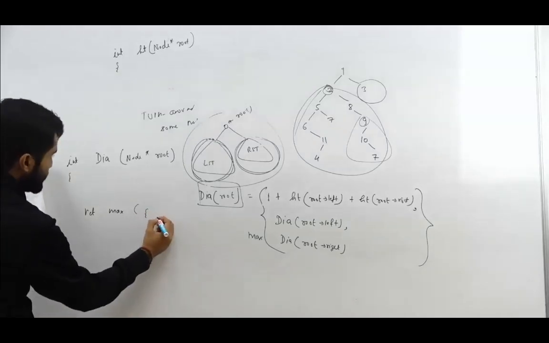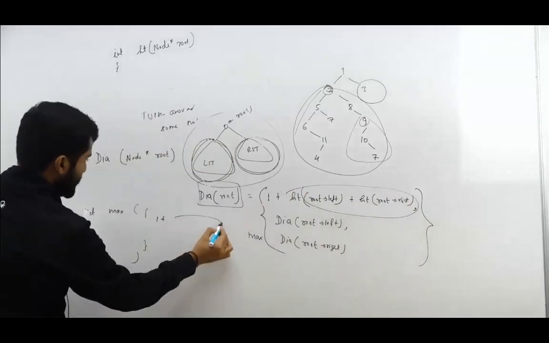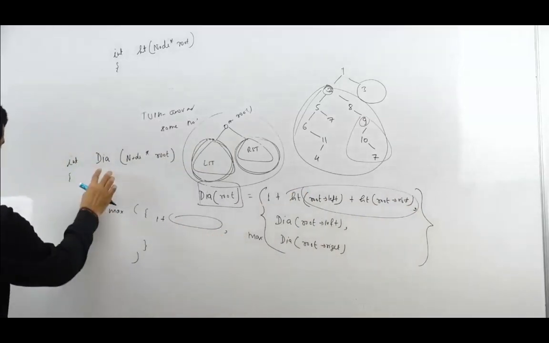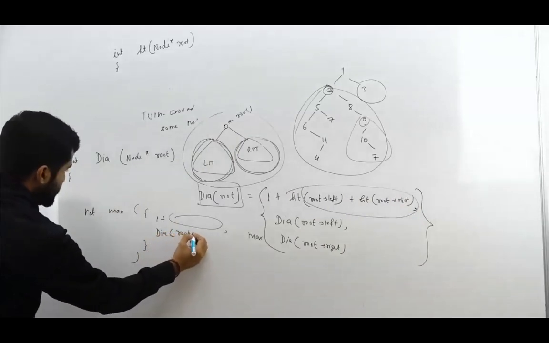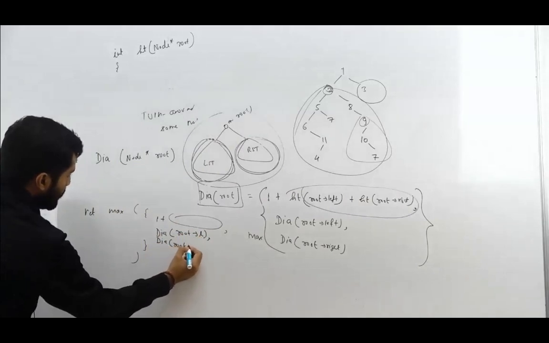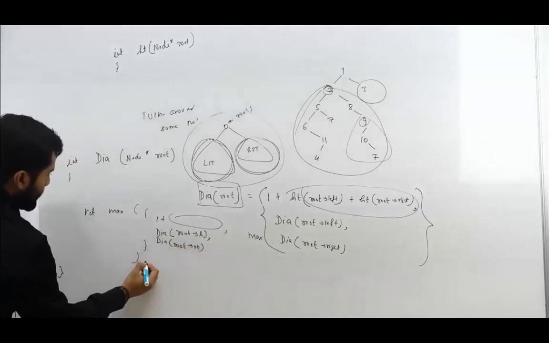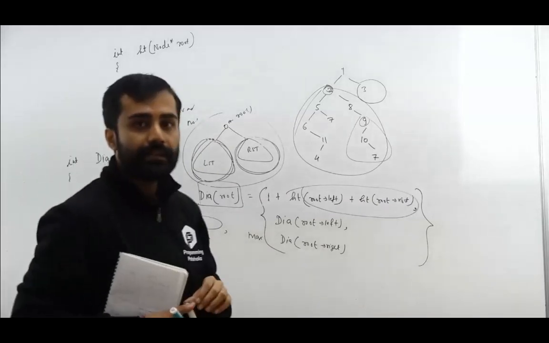The first thing is 1 plus this entire thing. I'm just copy pasting it over here. The second option is to make a recursive call for your left subtree. And the final option is to make this recursive call for the right subtree. That's it. So this is your recurrence relation kind of thing, but there has to be one termination condition also.